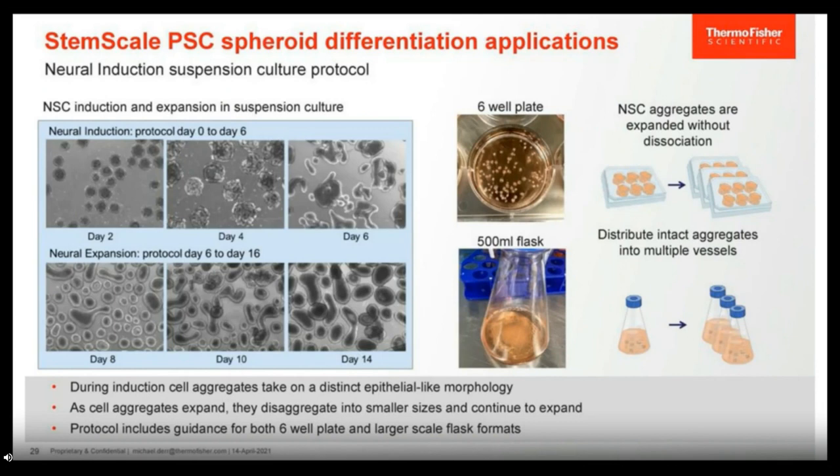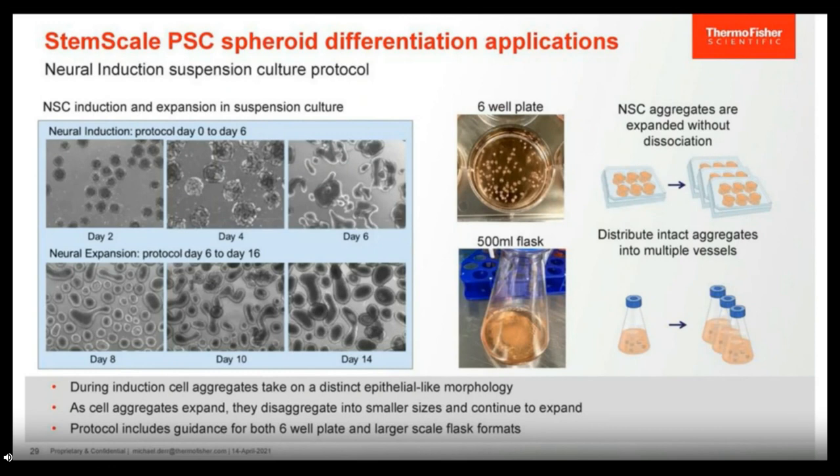And then on the right, I'm showing that instead of dissociating the cell aggregates during expansion, these aggregates are continuously getting more cells, and the aggregates are growing and budding off.